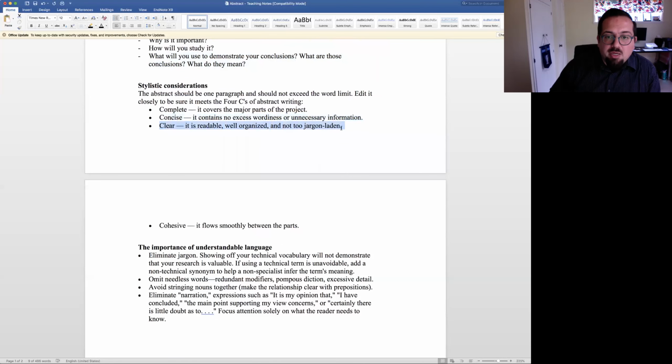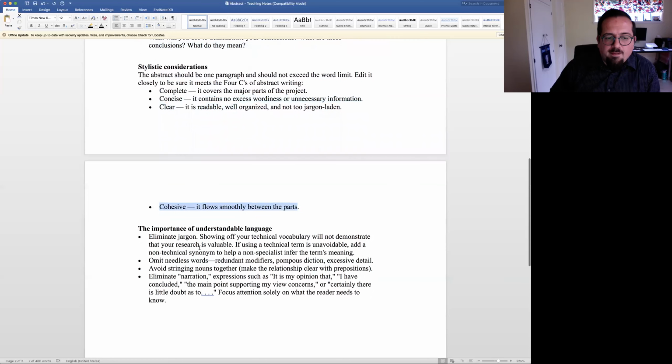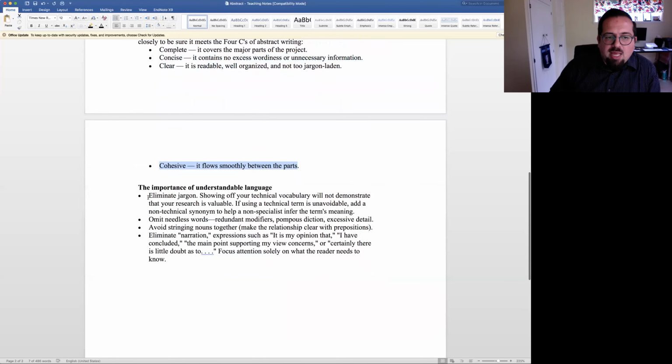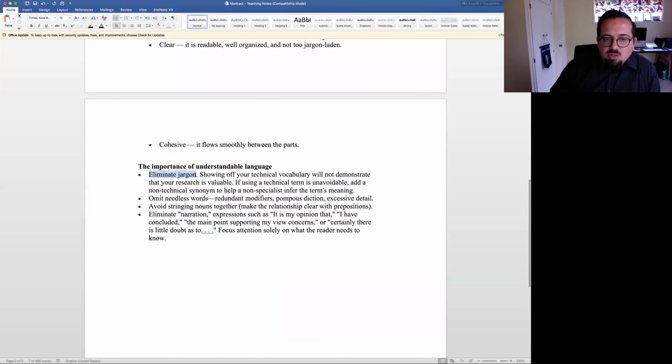You want to be clear, again, no jargon, well organized, and cohesive, so it should flow smoothly. And lastly, eliminate jargon, omit needless words. So too many adjectives, just get rid of those.